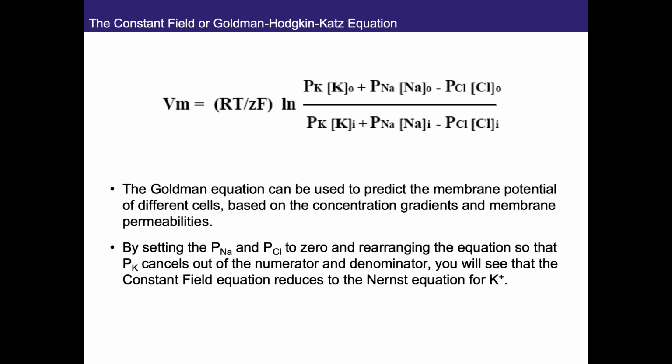What does this equation look like to you now? What do you think? It's almost exactly like the equilibrium potential. That's right. It's exactly like the equation I gave you to calculate equilibrium potential.